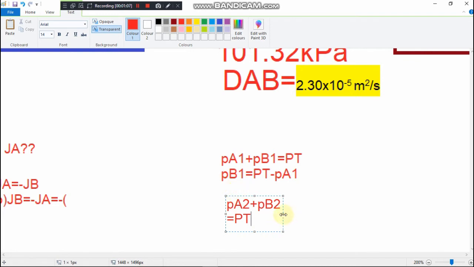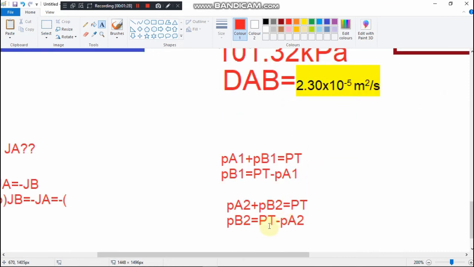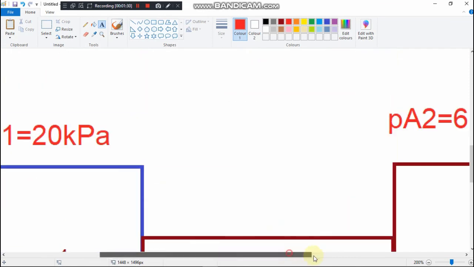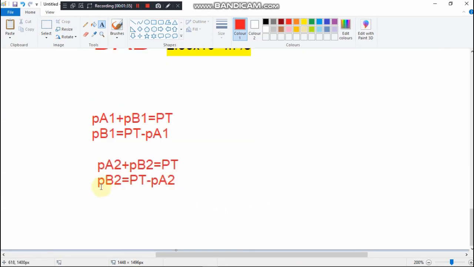So this is the fundamental rule of Dalton's law. Whenever you want to get the value of PB2, it will be PB2 is equal to P total minus PA2. So use the same value of pressure total here, 101.32, minus PA2, which is 6.666 kPa. Then you will get the value of PB2.